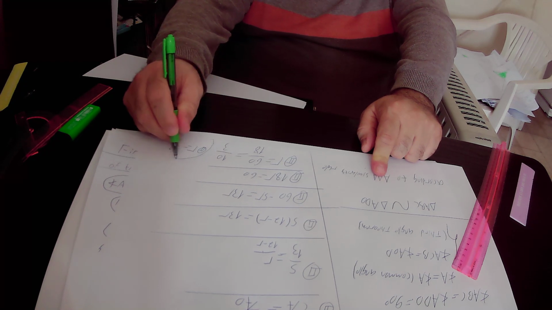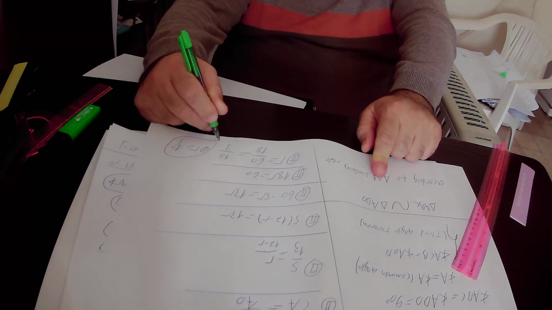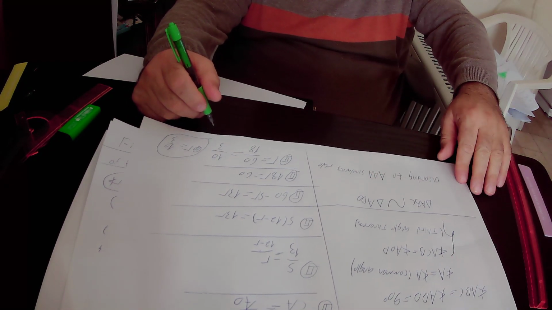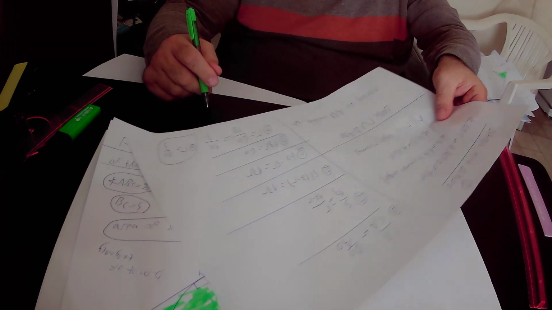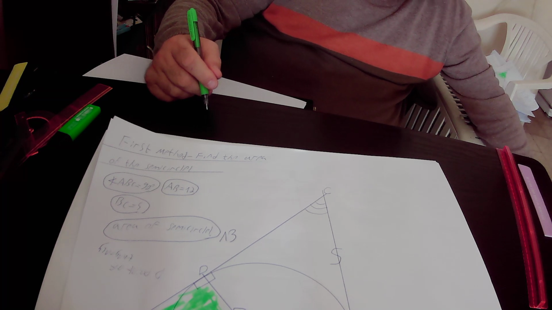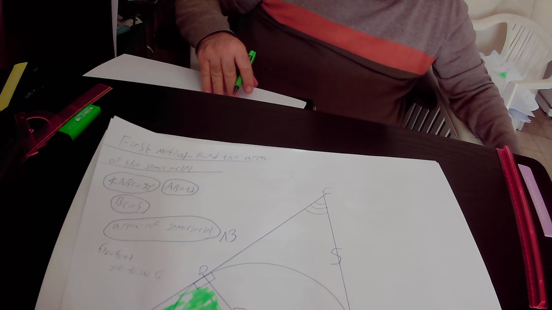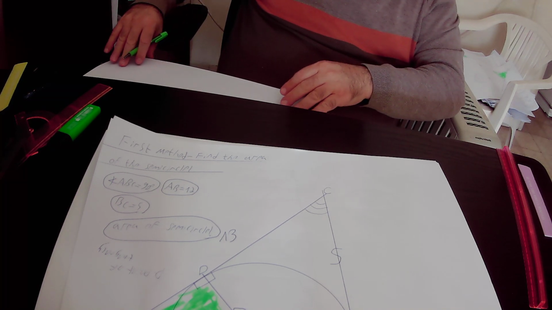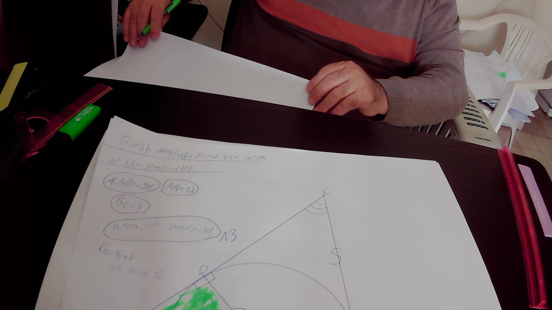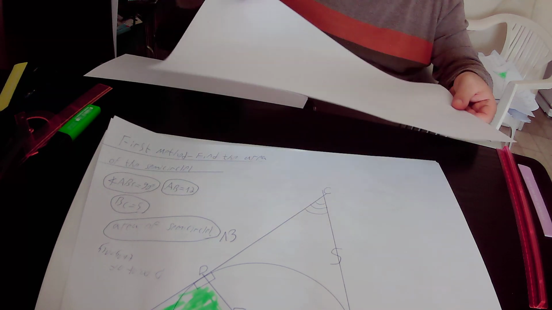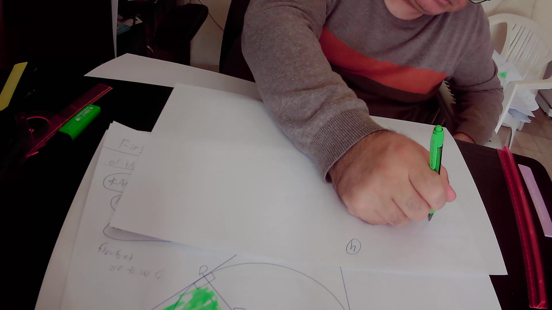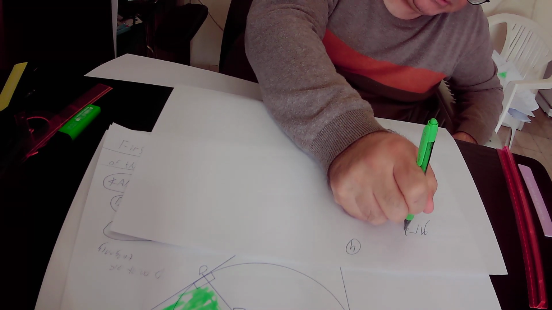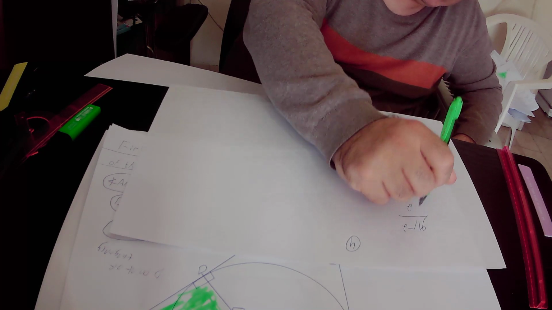Now it is very easy, when we know the radius of the semicircle equals 10 over 3 units, to find the area of the semicircle, because the area of the semicircle is equal to pi r squared over 2.